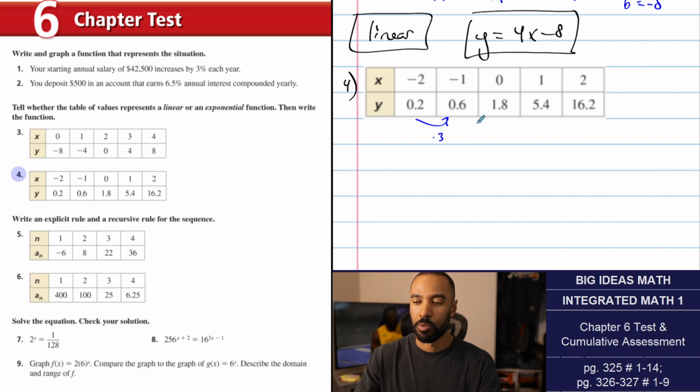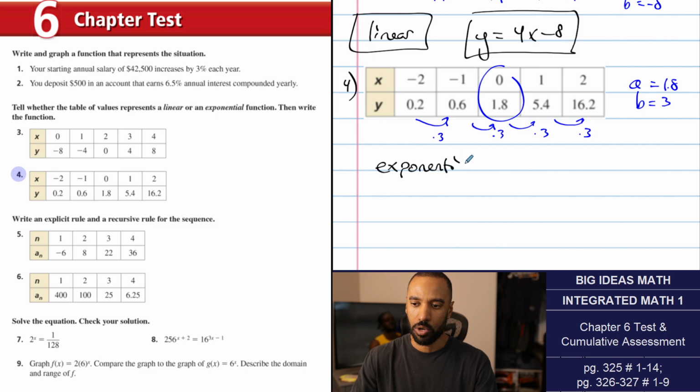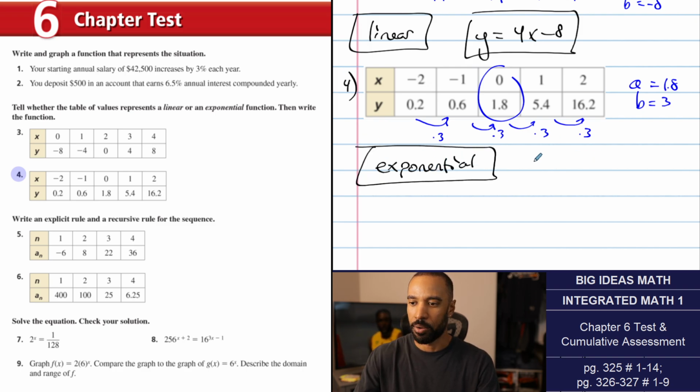It's 3. So we're multiplying by 3 each time. That makes it an exponential function. So that ends up being your b value, your growth rate. Your a value is your y-intercept in this case when x equals 0, and that's 1.8. So being an exponential function, we're going to use the equation y equals ab to the x power. This will be y equals 1.8 times 3 to the x power, like that.